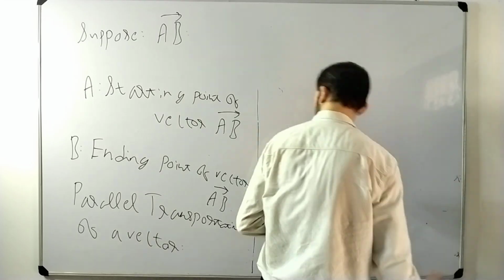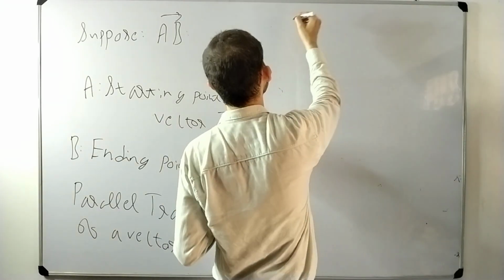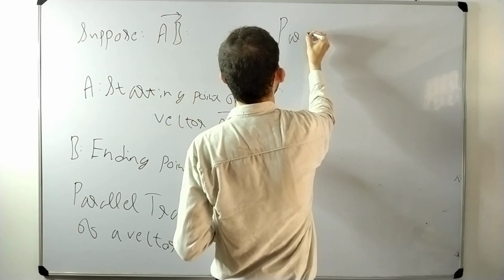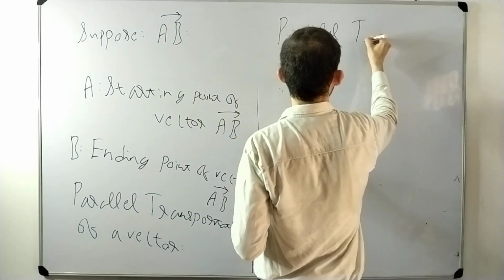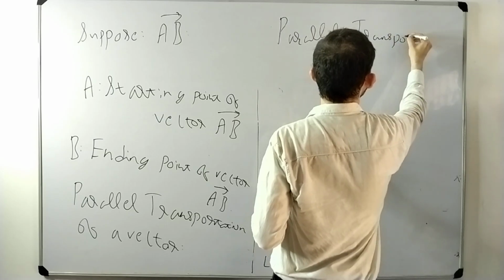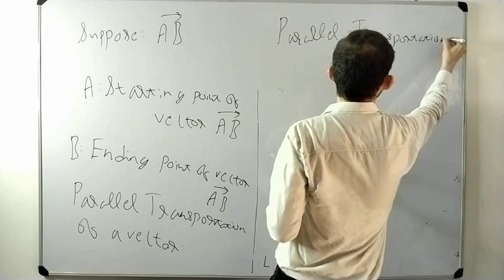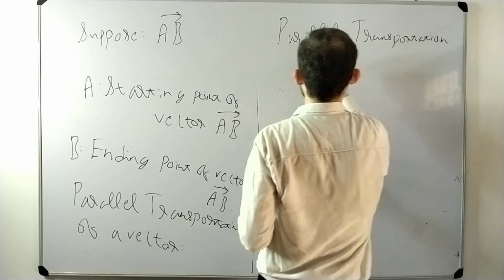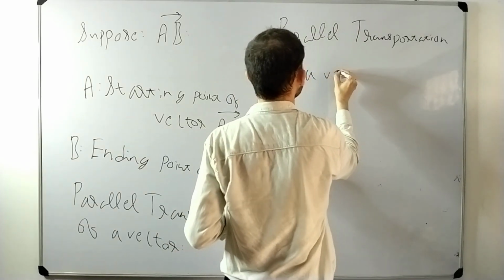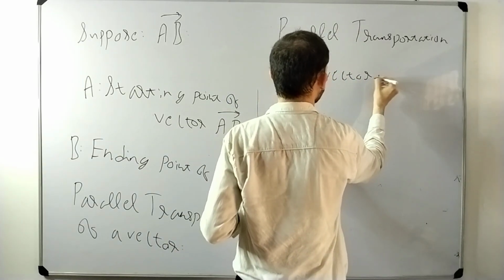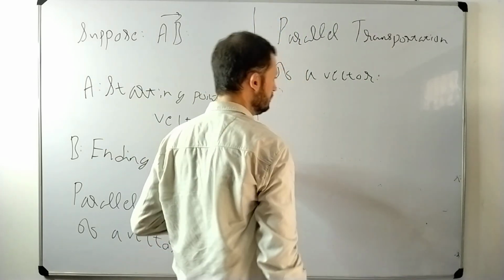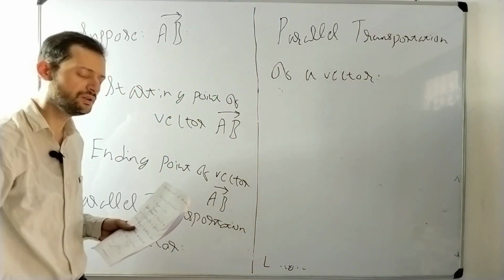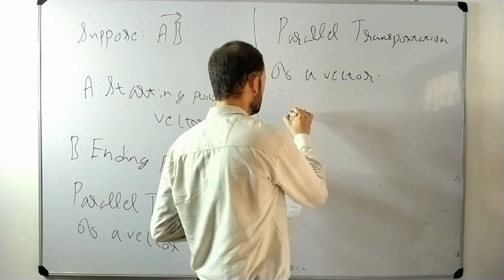Parallel transportation of a vector. So what does parallel transportation of a vector mean? You have a vector A in a coordinate system.